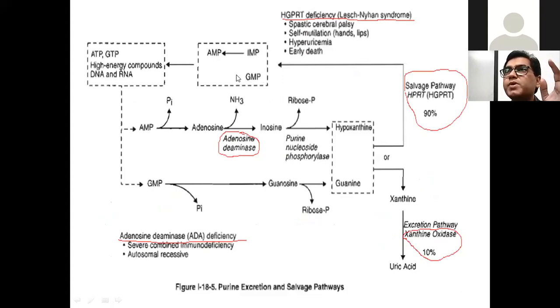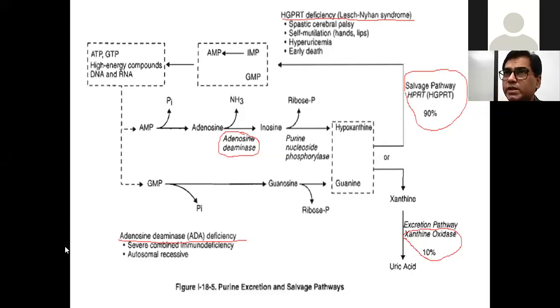And from AMP and GMP, either you can get ATP or GTP, which are the high energy compounds and the structural components of the DNA. But these AMPs and GMPs themselves, which are the preformed nucleotides in the body, they themselves are capable of synthesizing some new nucleotides in the body.